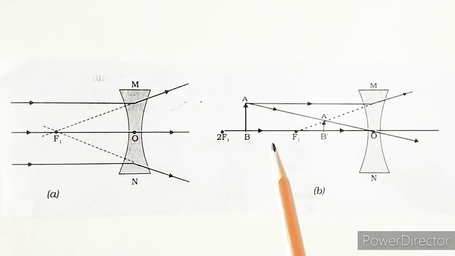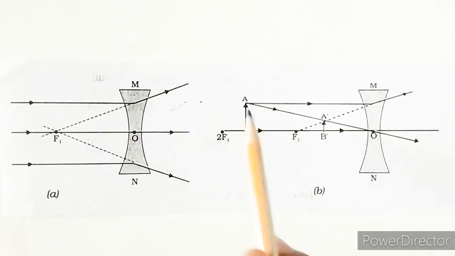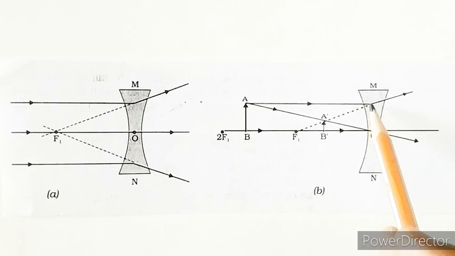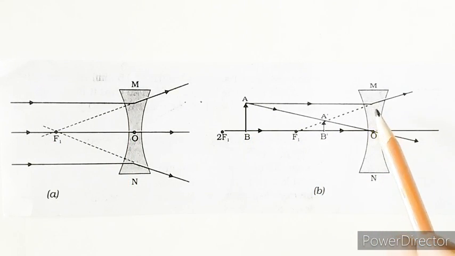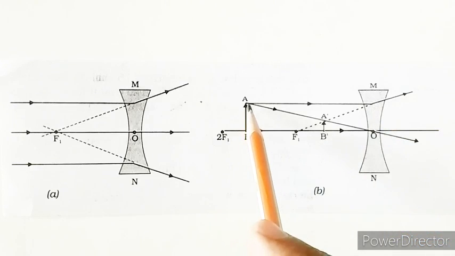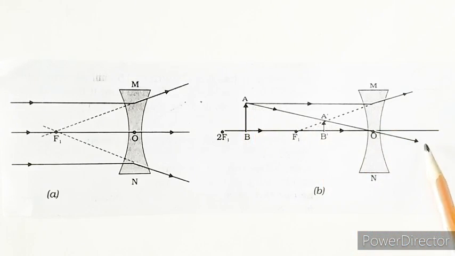And the second is between 2F1 and F1. The ray of light parallel to principal axis, after refraction will diverge, and the ray passing through optical center, so they both appear to meet here. So the image is formed on the same side between optical center and F1. Only 2 positions for the concave lenses.